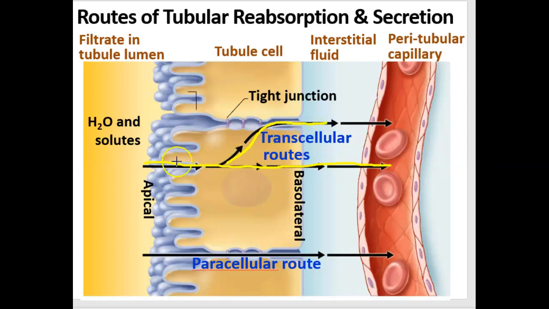But either way, they've had to go through the cytoplasm and across this apical membrane in order to get out of the nephron tubule. The other route is called the paracellular route. Substances move across the wall of the nephron in between two cells. So that happens with water and solutes as well, and we'll talk about why and how in just a little bit.